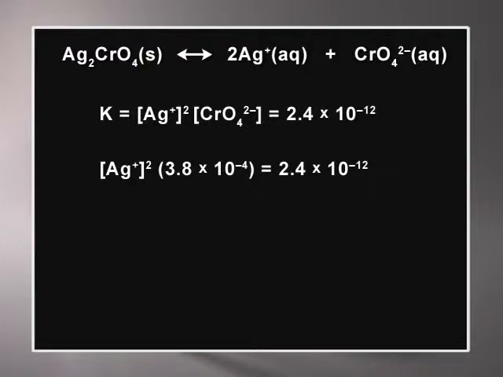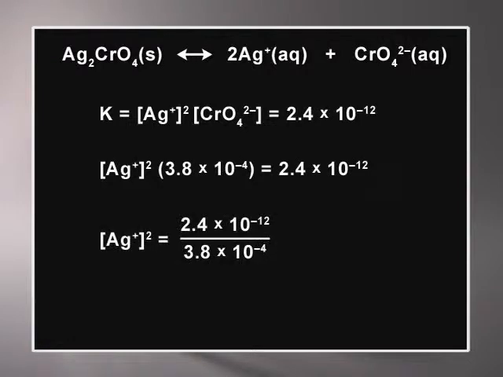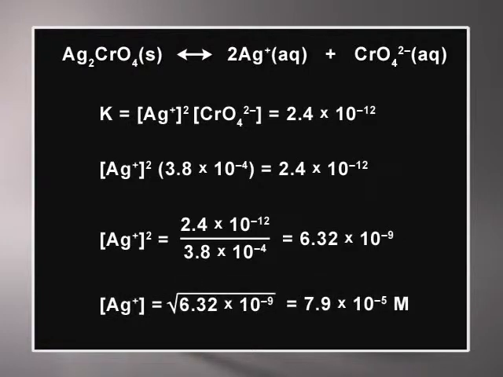The concentration of silver ion squared, it's easy to forget that, is equal to 2.4 times 10 to the minus 12th divided by 3.8 times 10 to the minus 4th, which comes out to be 6.32 times 10 to the minus 9th. So the silver ion concentration would equal the square root of that, or 7.9 times 10 to the minus 5th molar.